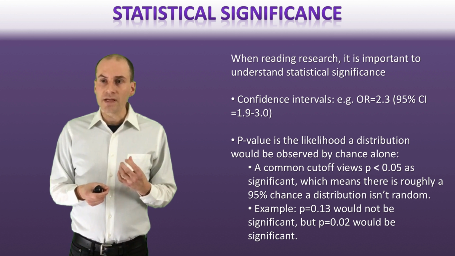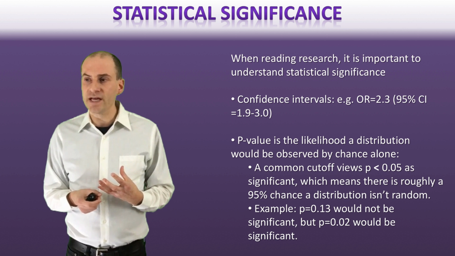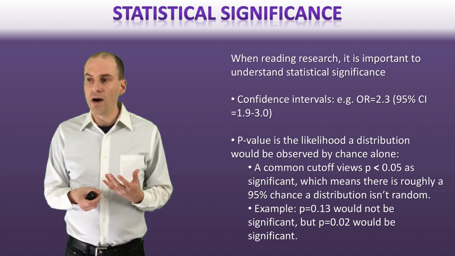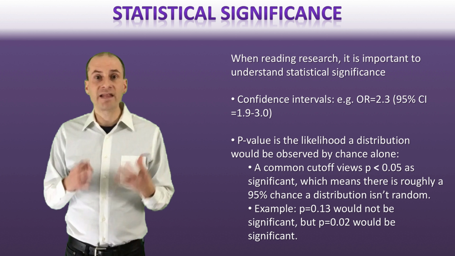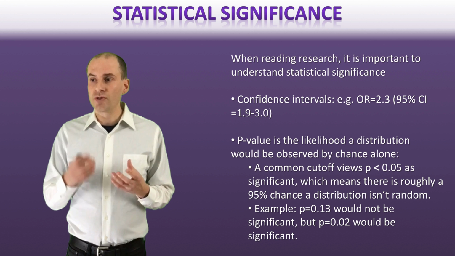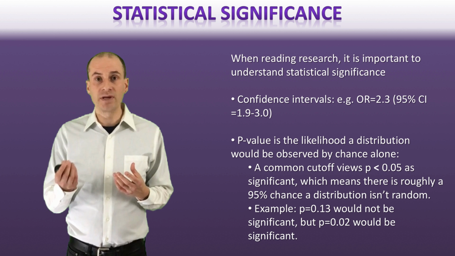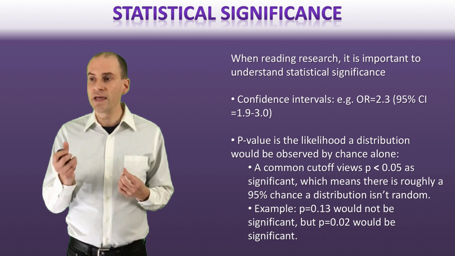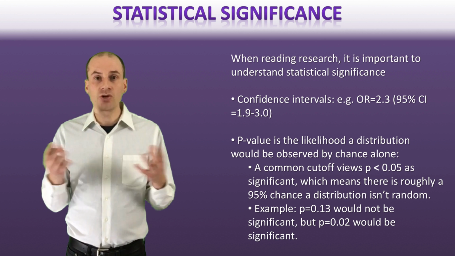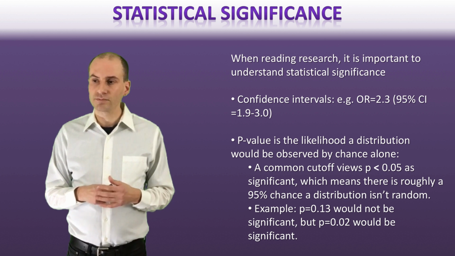So commonly a cutoff for this would be a p-value of less than 0.05, which means that roughly there's a 95% chance that this isn't random, okay? So a p-value of 0.05 indicates that there's about a 5% chance that this is just a random finding, okay?